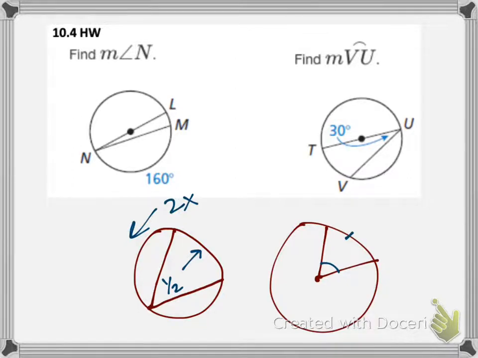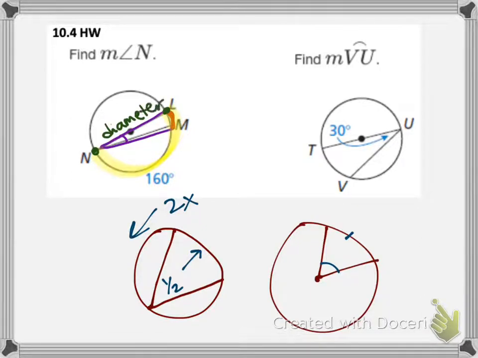So here, it says find the measure of angle N. Well, this is angle N. In order to find the measure of its angle, you need to know the measure of its intercepted arc. So in order to do that, we need to look at this arc. It is a semicircle because N and L sit on the diameter, which means this arc is 180 total.